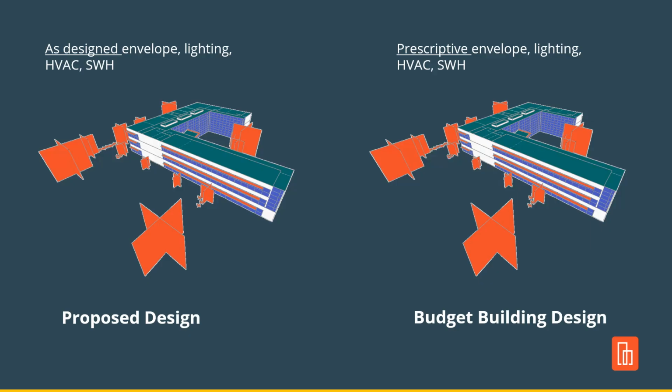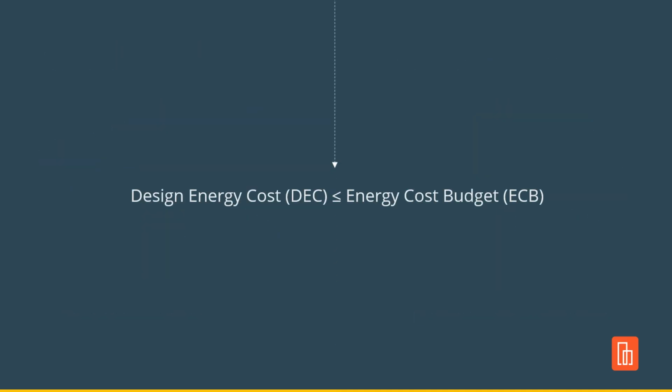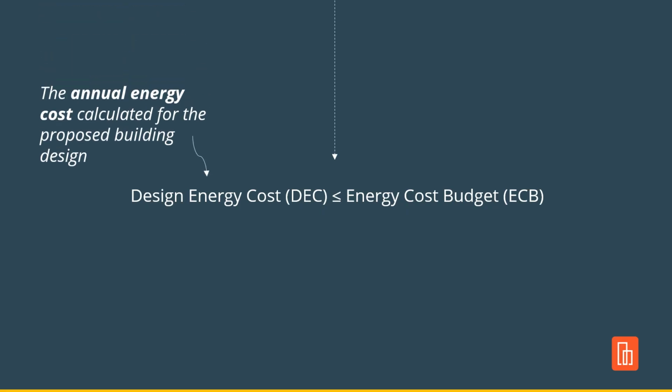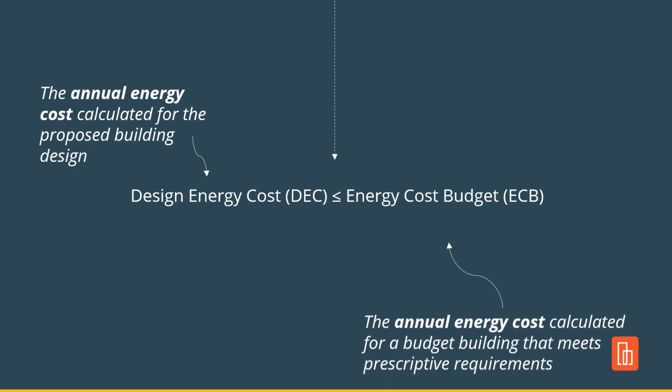It's just a very quick way of describing the fact that you are comparing one against the other. So in other words, the energy cost budget building there on the right represents the building as if it complied with the standard. Again, to break things down in a really simplified manner, you have your annual energy cost calculated for the proposed building design. That's the design energy cost, and you're really just looking at that to make sure it is less than the energy cost of the budget building.